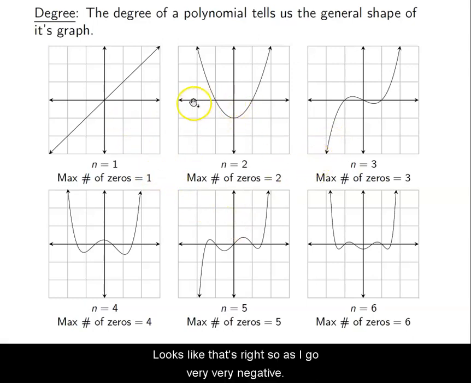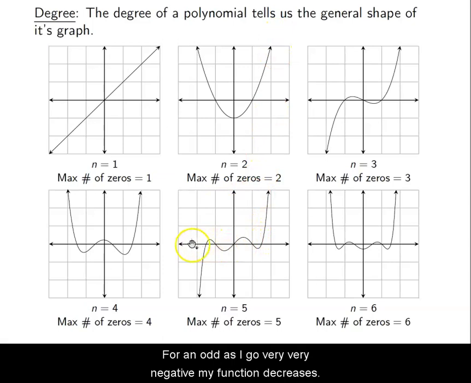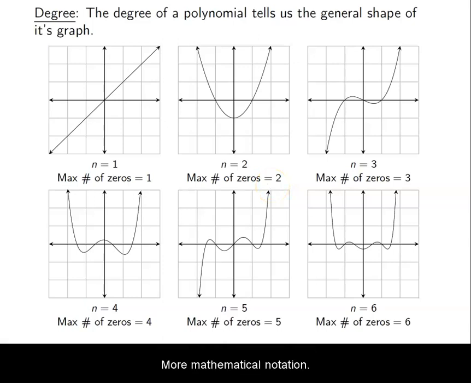For an even degree, as I go very, very negative, my function increases. As I go very, very positive, my function increases. For an odd, as I go very, very negative, my function decreases, gets very, very negative. And as I go very, very positive, larger and larger values of x, my function gets larger and larger in value. So we're going to bring that around to a more mathematical notation.